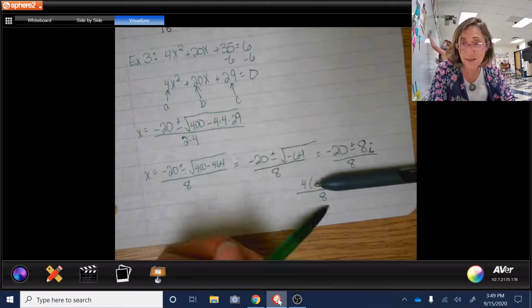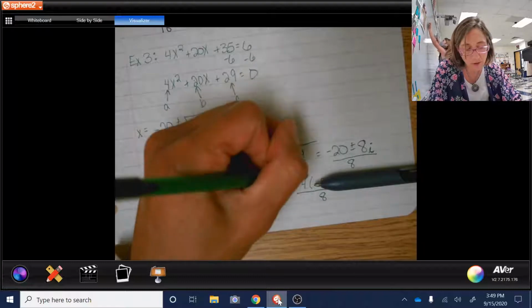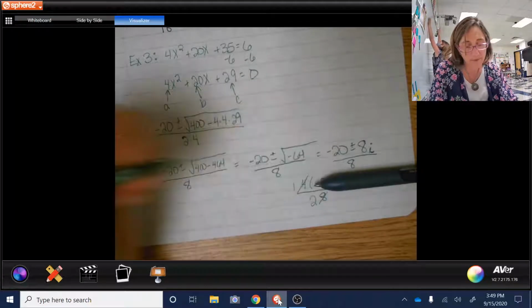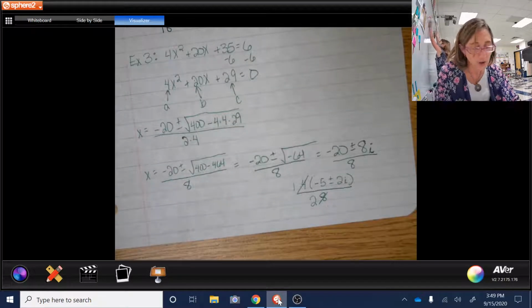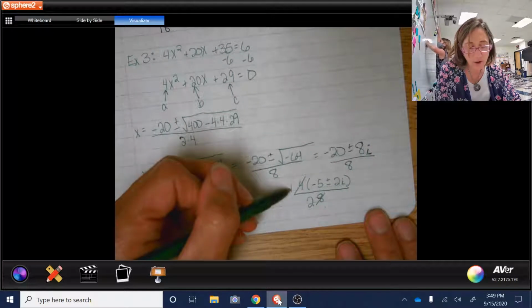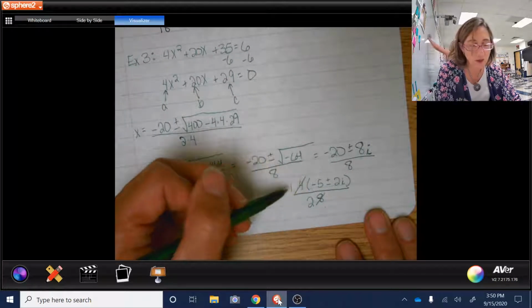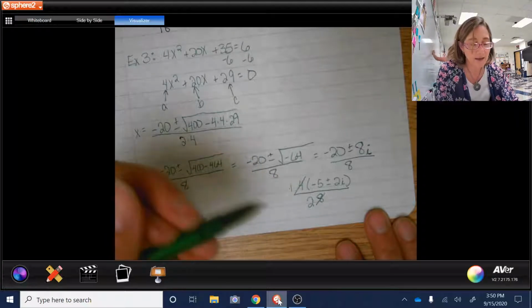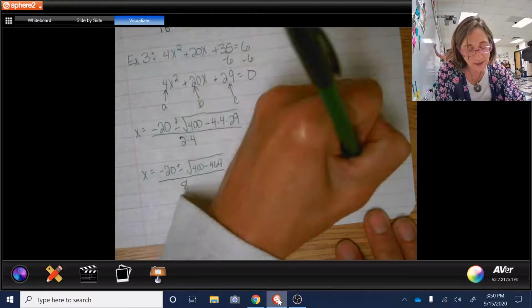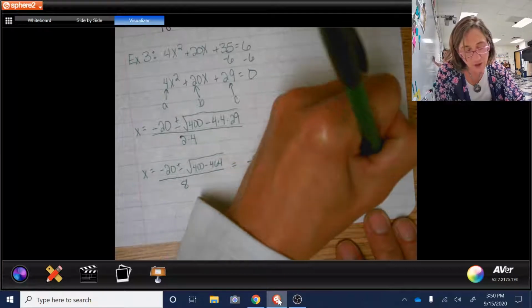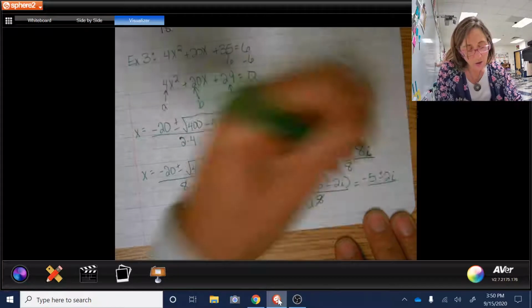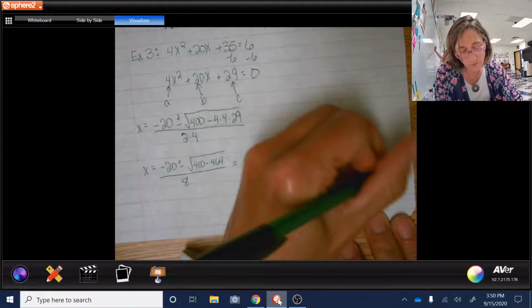You see the 4/8? 4/8 is reducible to 1/2. Now, I don't need to write a 1 out front because 1 times anything is still anything. So I'm just going to have the negative 5 plus or minus 2i all over my denominator of 2.